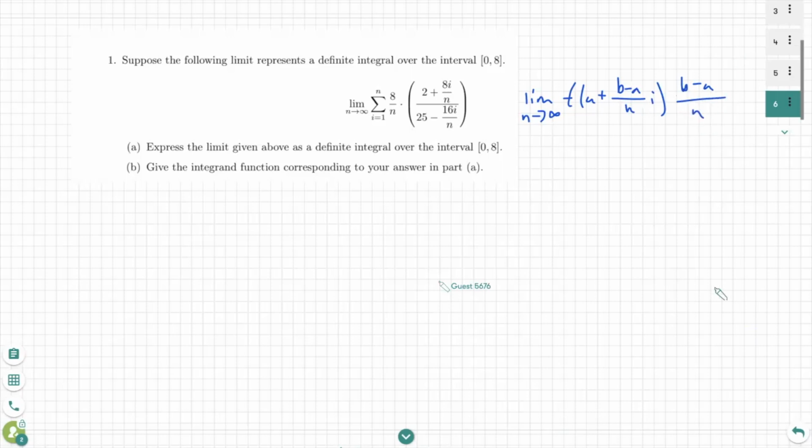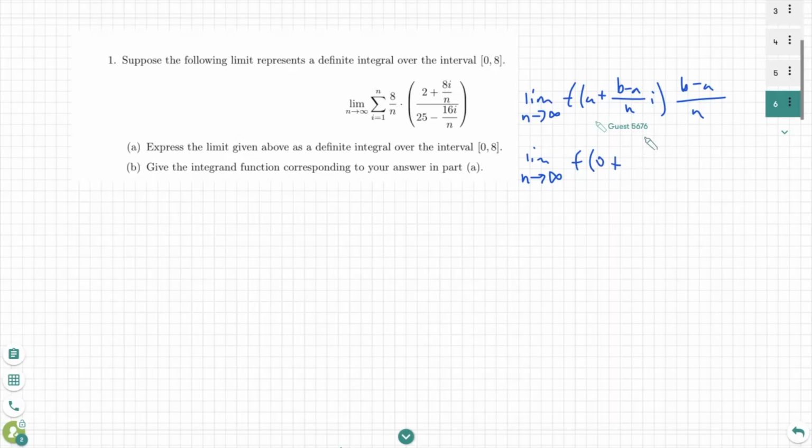Okay, so (b minus a) over n is 8 over n. Our a plus (b minus a) over n times i. So a would be 0. And it'll be plus 8 over n i.